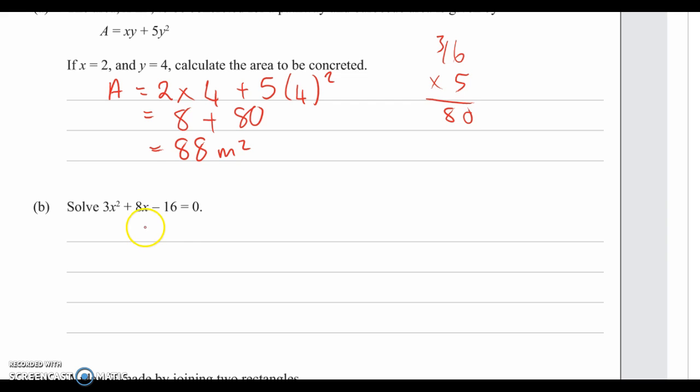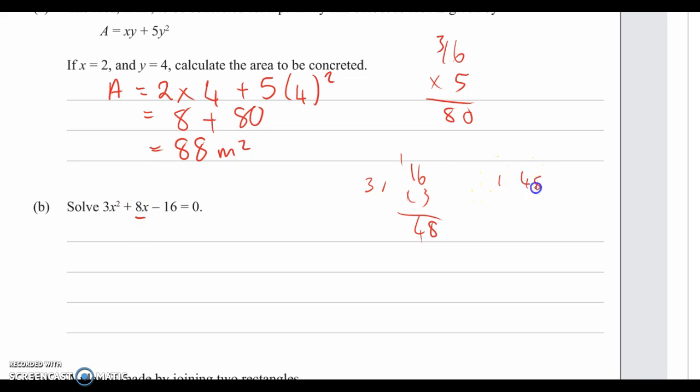Now, 8 and 16 do not have a common factor of 3, so I need to do it the good old-fashioned way. So 3 times 16 is going to give me 6 3s are 18, 1 3 is a 3, 4, 48. So I need to write down all my factors of 48 that add up or subtract to 8.